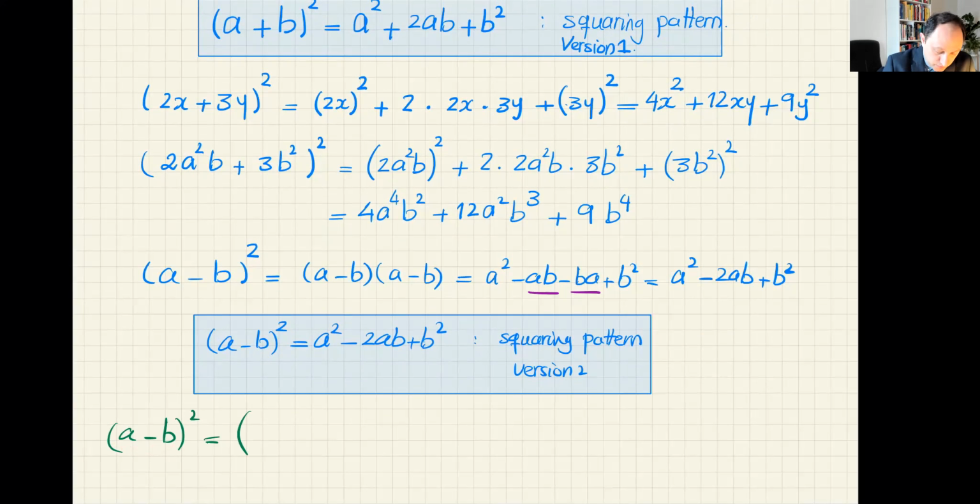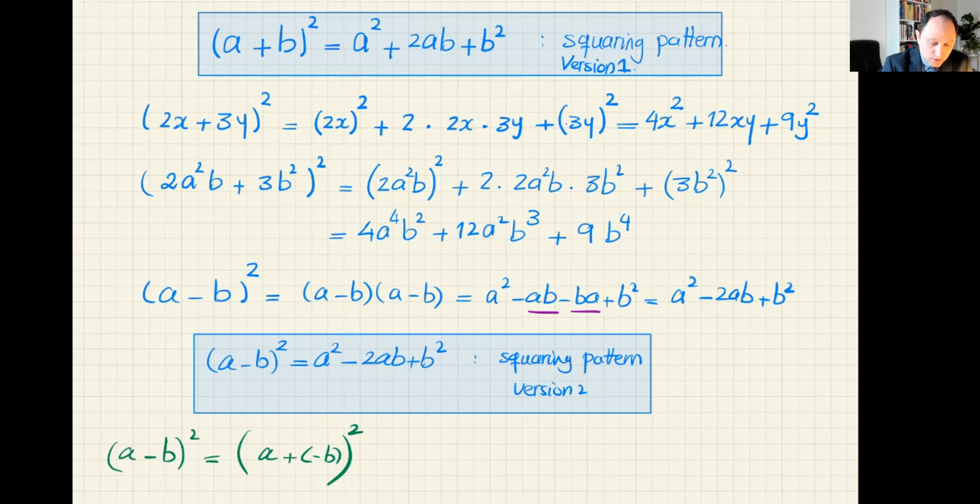Exactly. So this becomes, instead of a minus b, I can write a plus minus b. I hope that every one of you agree that this is exactly the same expression. So this equality is valid. But now, can I use the squaring pattern version 1 for this? Yes.